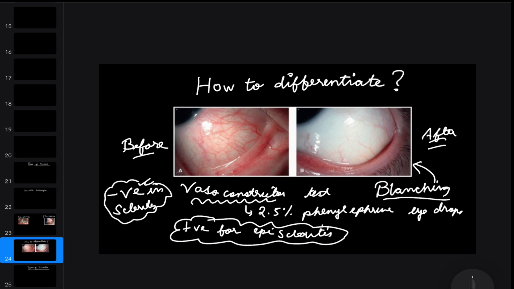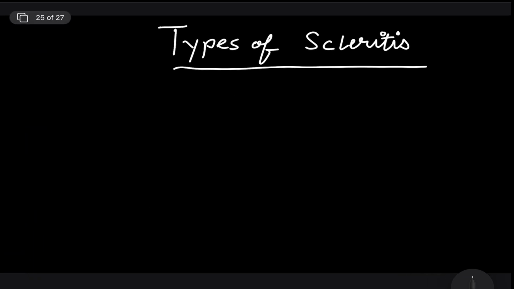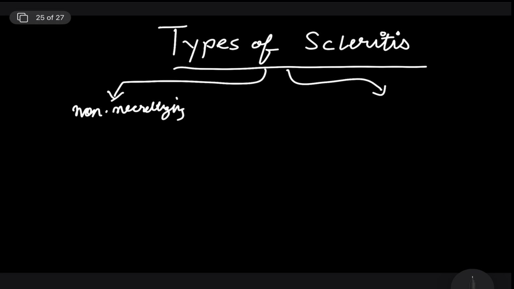Now let's talk in a little detail about the types of scleritis. Basically, scleritis can be divided into two parts: non-necrotizing and necrotizing. Necrotizing scleritis and non-necrotizing scleritis.